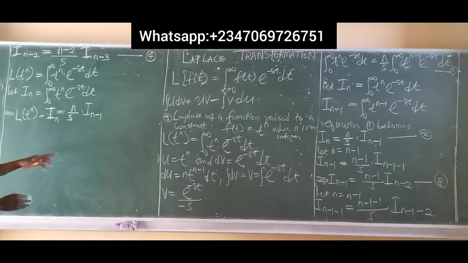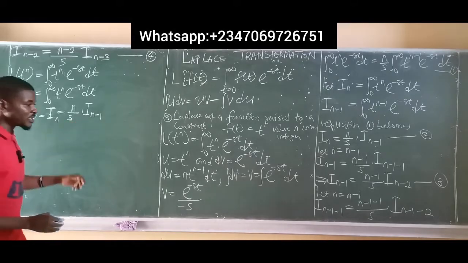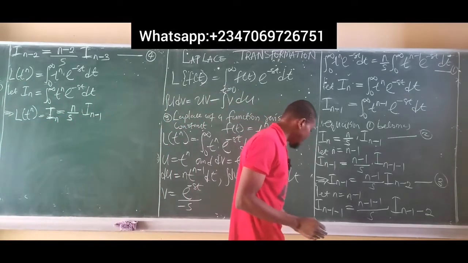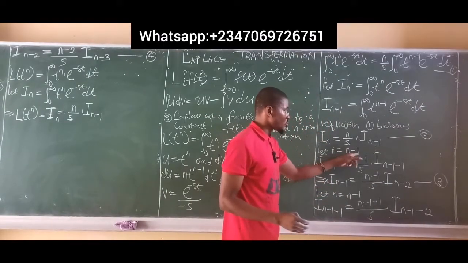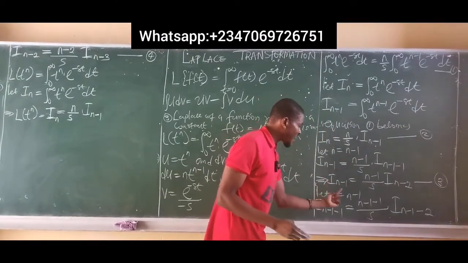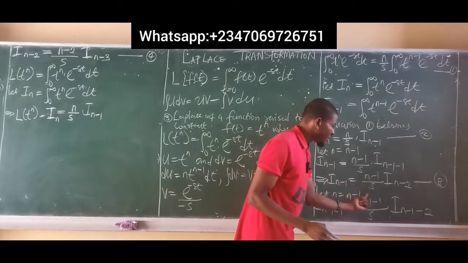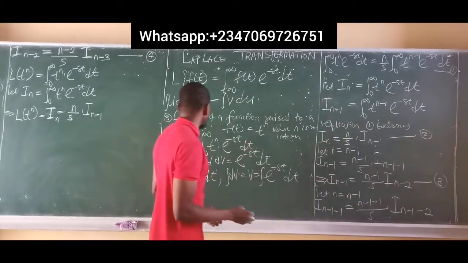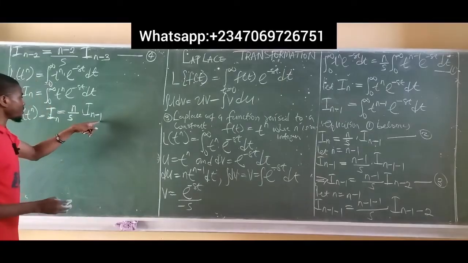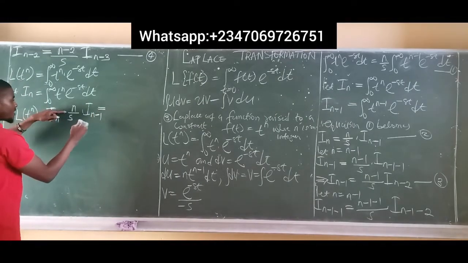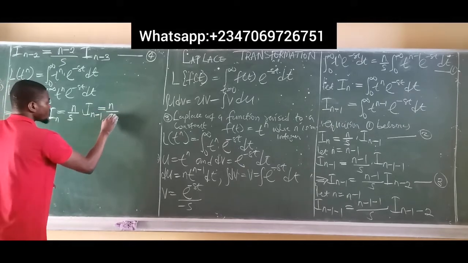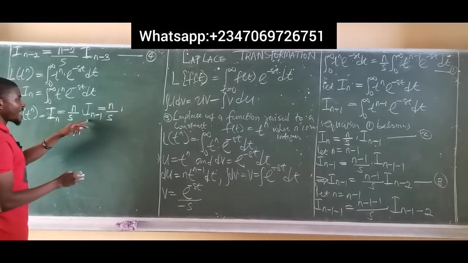But also not forgetting, we obtained the value for I n minus 1. What is the value now? We said I n minus 1 should be equal to, after solving, when we consider n to be equal to n minus 1, we obtain I n minus 1 to be equal to n minus 1 over s times I n minus 2. So in place of I n minus 1, this is now equal to n all over s multiplied by I n minus 1.